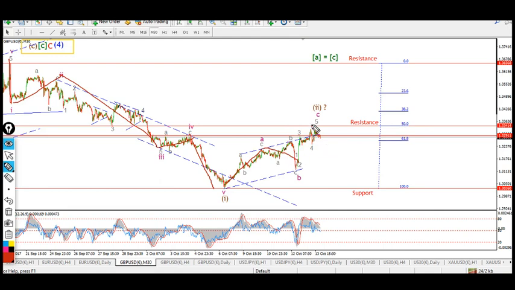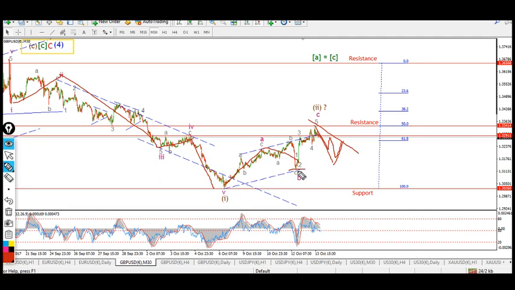So for next week, if we start to roll over again and we get a series of lower highs here, then we'll probably be looking for confirmation of wave 3 down if a break of support happens.